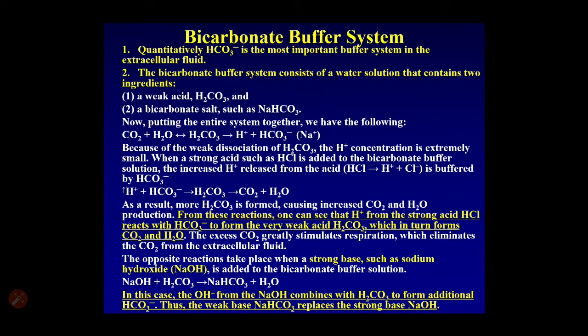So now I had originally a strong acid that came from hydrochloric acid. Now I converted it to a weak acid, and further even to carbon dioxide plus water. The carbon dioxide can be expired. So therefore I replaced a very strong acid with a weaker acid, or even CO2 that can be expired to the outside.